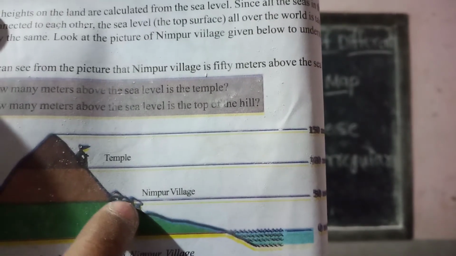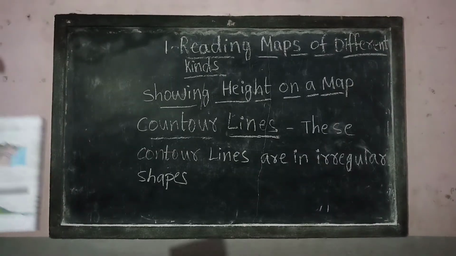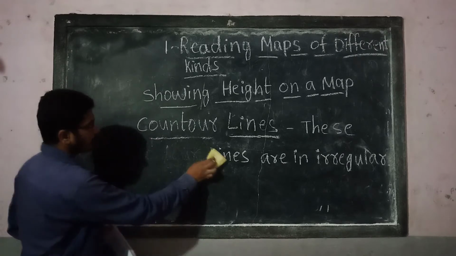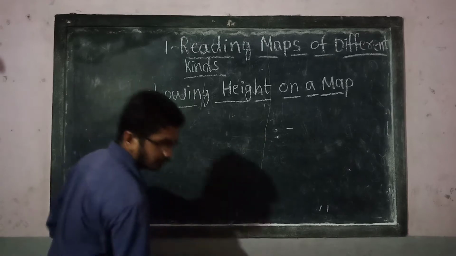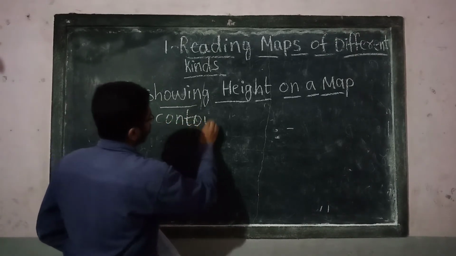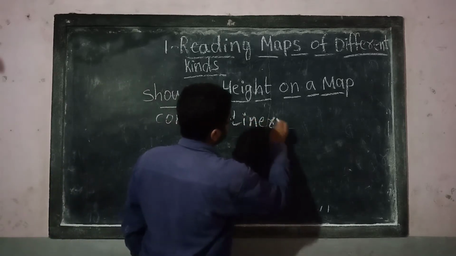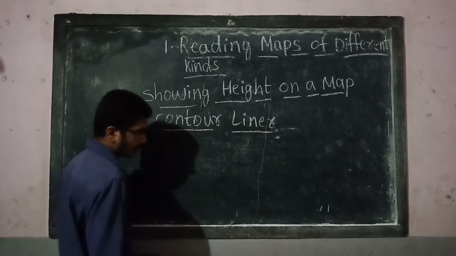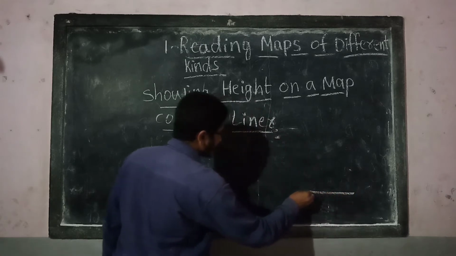After going some extent, it might cross like this. You can go forward and backward also. So contour lines are irregular in shape. For example, if we take one contour line around the 0 sea level, 0 meter is sea level.